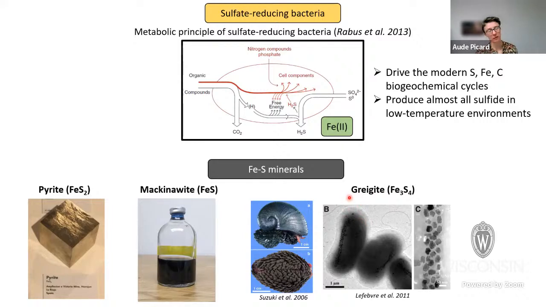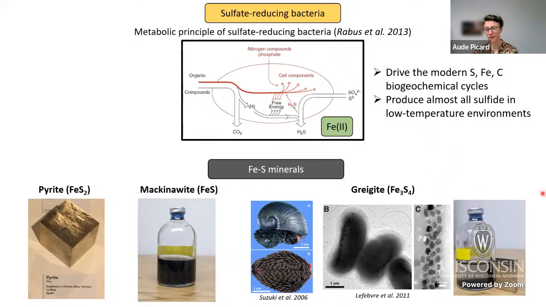The best known is magnetite, but they've been shown also to produce greigite. You can see on those images that the minerals are aligned in the bacteria, and this is a close-up look. This is a controlled formation of mineral, and they are supposed to use those minerals to align themselves or navigate using the magnetic field of the Earth.